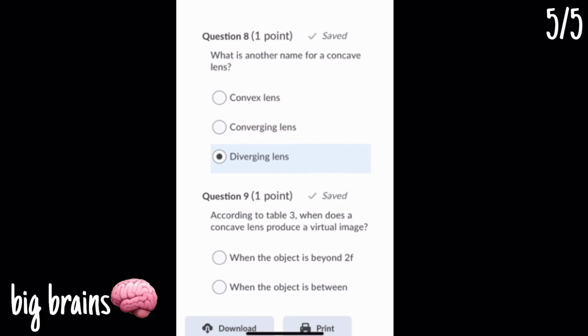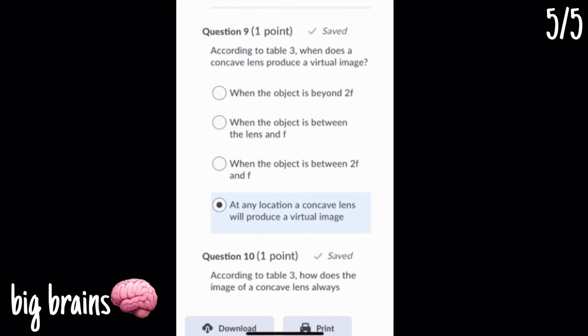What is another name for a concave lens? I already told you, diverging lens. When does a concave lens produce a virtual image? At any point, because all a concave lens produces is virtual images. The waves bend into the lens, basically like refraction.